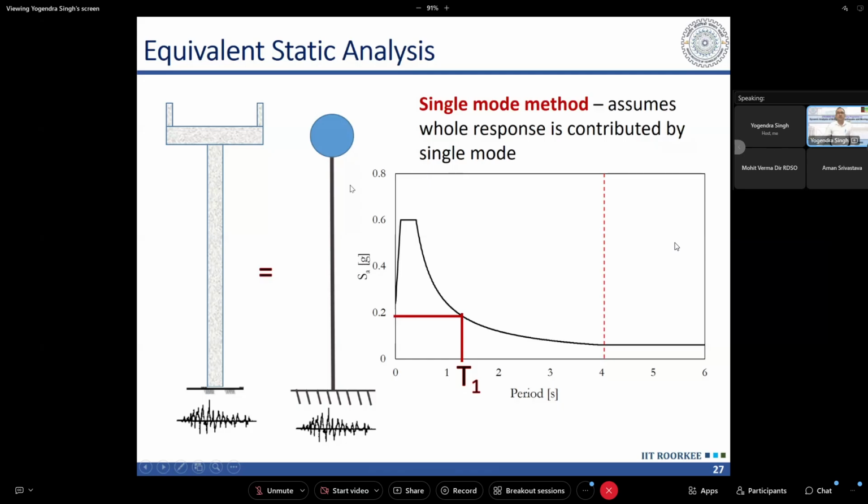And this method we call equivalent static analysis. Although it is not entirely static, because we are taking into account the period of vibration. So the dynamic characteristics of this bridge, or if it was a building, we are taking into account through the period, but we are considering only one mode. So that is the limitation of this method.